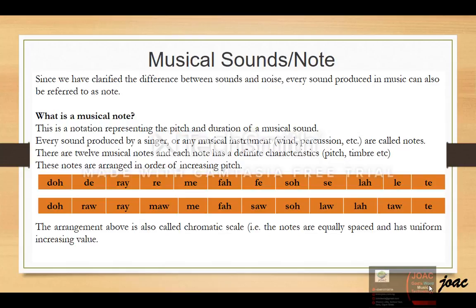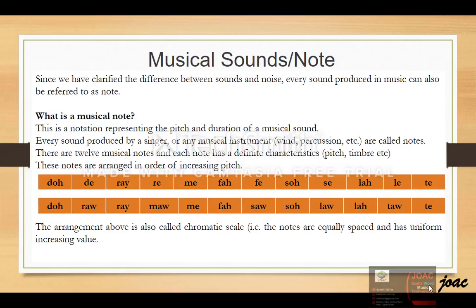If I'm making a sound, I'm making it on a particular pitch with a definite duration. Every sound produced by any musical instrument, or you as a vocalist, is represented by musical notes, and majorly we have 12 of them.